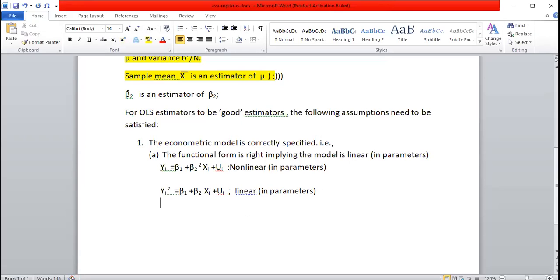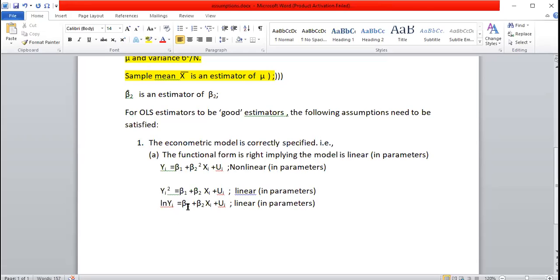How about this? Is it linear? What is the left hand side? Ln. Here is log of y equals beta 1 plus beta 2 x plus ey. Is it linear? No, it's not linear, but OLS doesn't care.